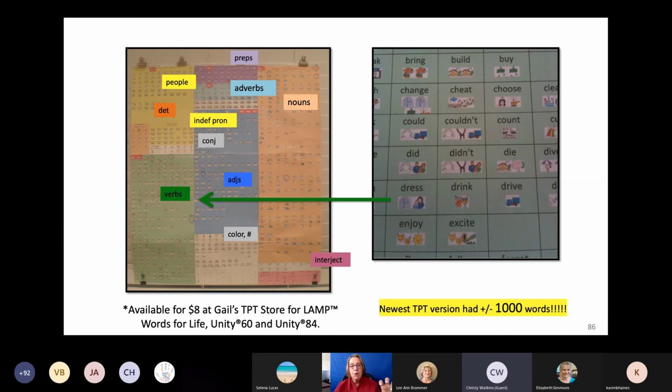If you're using a program like Proloquo2Go or Snap Core, forgive me if I got the word wrong, any other program that's page-based, where a vocabulary item is represented with one picture on a page, in order for people to find those words, you need to put the pictures for the entire navigational sequence that it takes to get there.